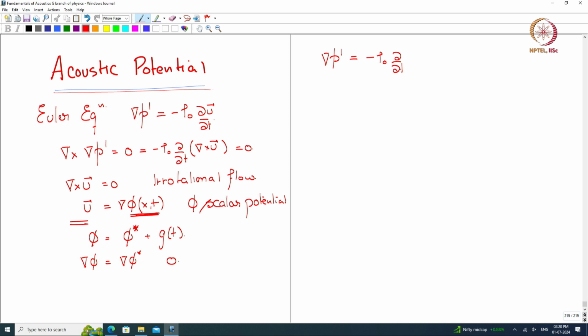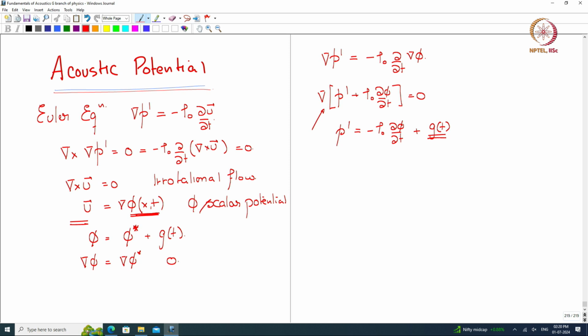del by del t of the gradient of phi, that is velocity, so that I have the gradient of P dash plus rho 0 del phi by del t is equal to 0. So now if I integrate to remove the gradient, I get P dash is equal to minus rho 0 del phi by del t plus some other function of t only.